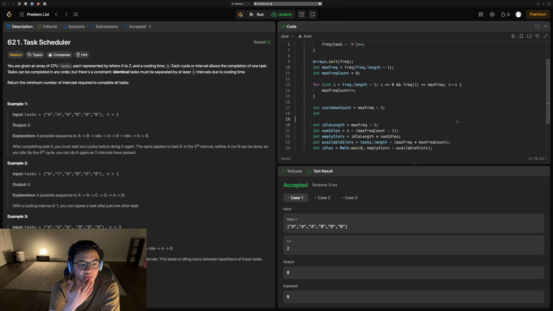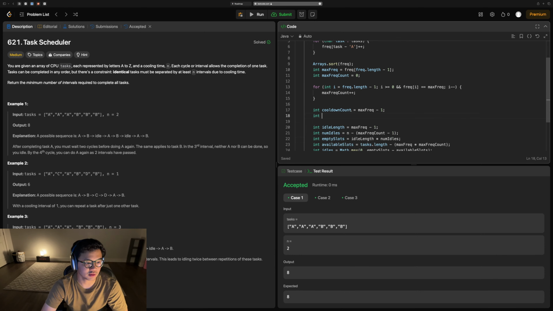So if we have multiple tasks that are the max frequency, then our cooldown is effectively less. Okay, so this is our new cooldown time.